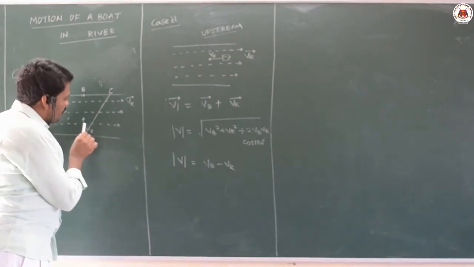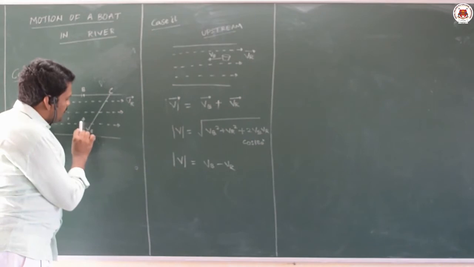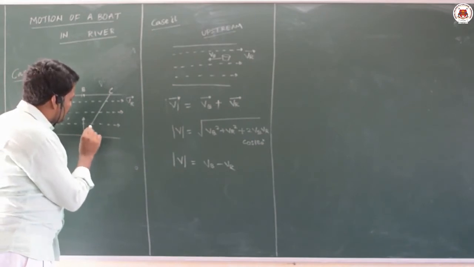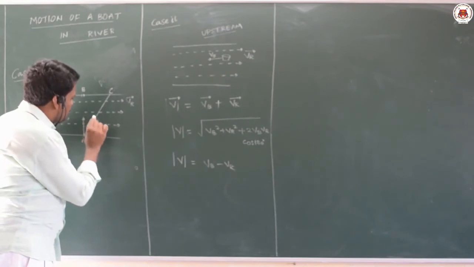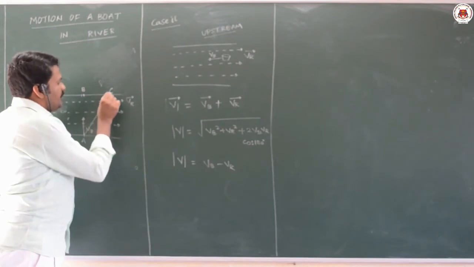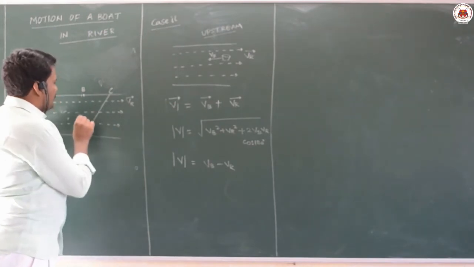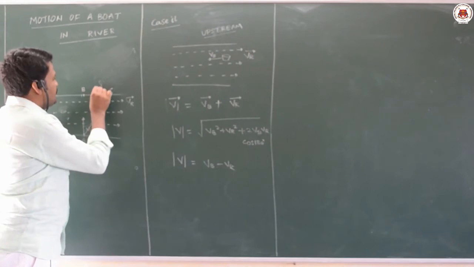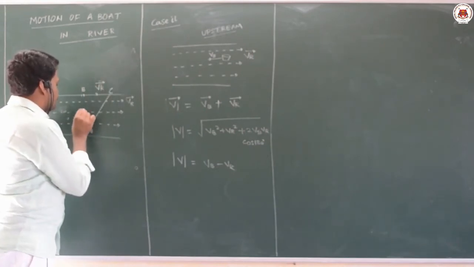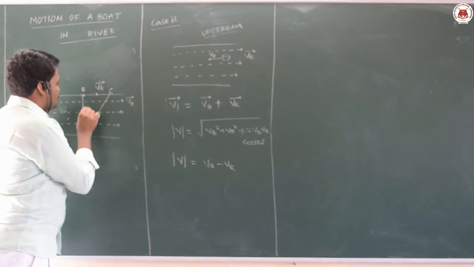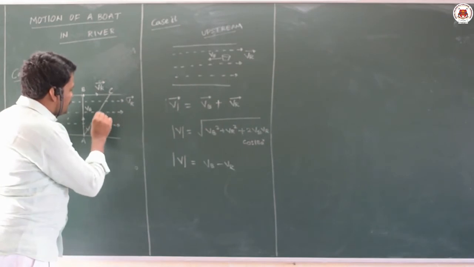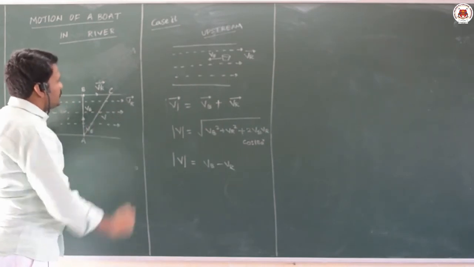The reason is, you can observe here carefully, at each and every point, water is pushing you towards the right. Here it is pushed towards right, here also right, here also right, like this at each and every point you are pushed, and finally you will reach here. So, this was river velocity, this was the boat velocity, but this is the resultant, V is the resultant.